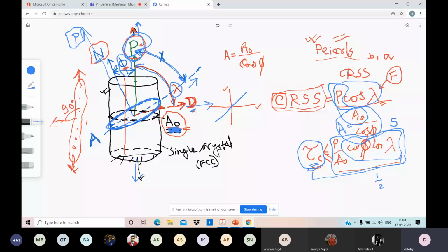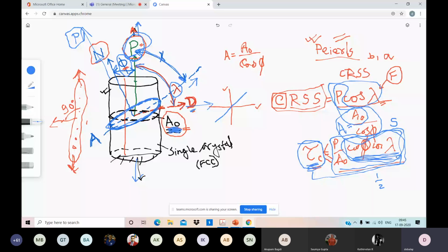So ultimately this cos phi cos lambda value actually decides, because we will have a certain P, and a certain cross-sectional area. This is more or less fixed if you apply a certain load. But what will be the resolved shear stress? That will be decided by cos phi cos lambda.